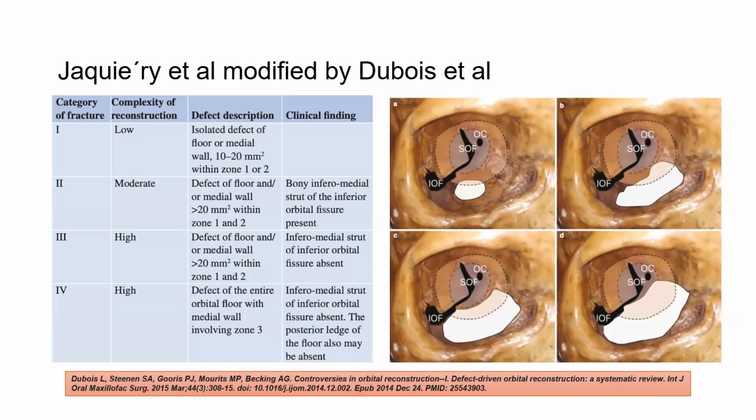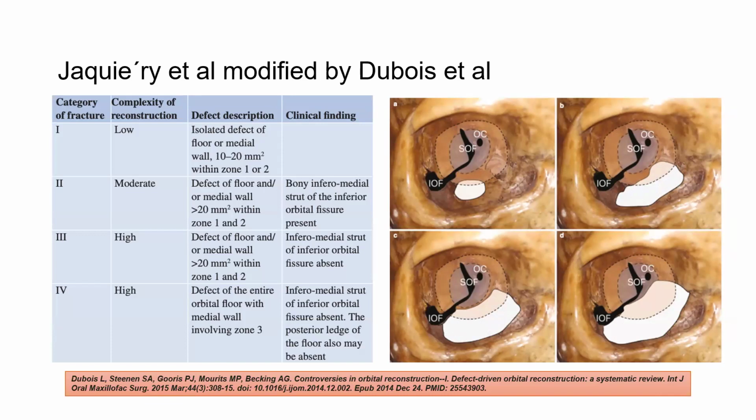Coming to Jaquiery et al.'s classification, which is very important and surgically useful, Jaquiery classified orbital defects taking three criteria. One is the size of the defect. Second, the location of the defect. Third, the absence or presence of the inferomedial strut.